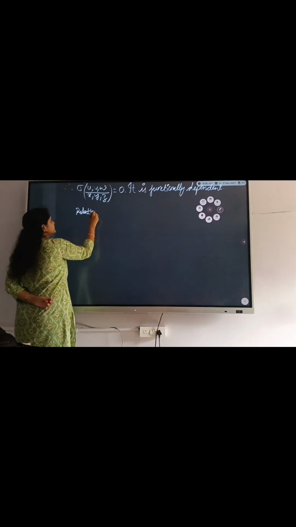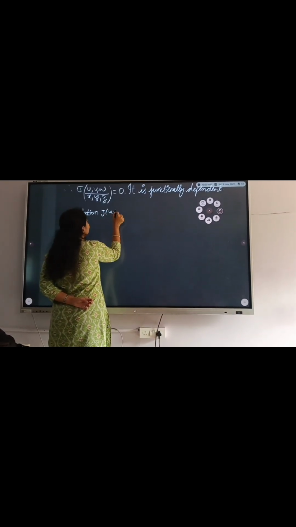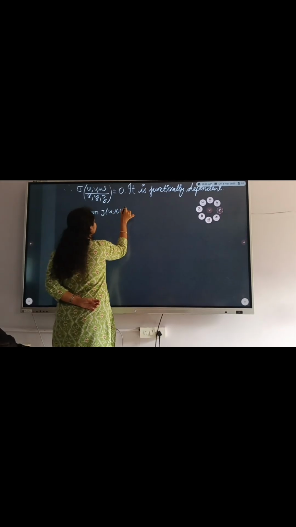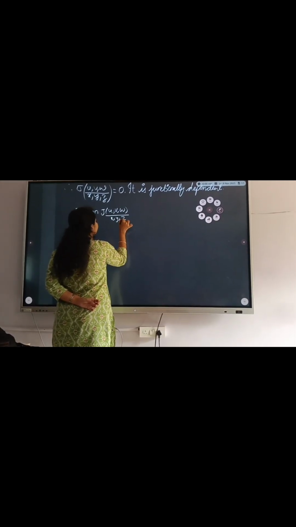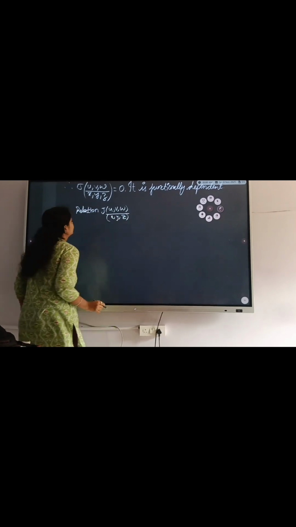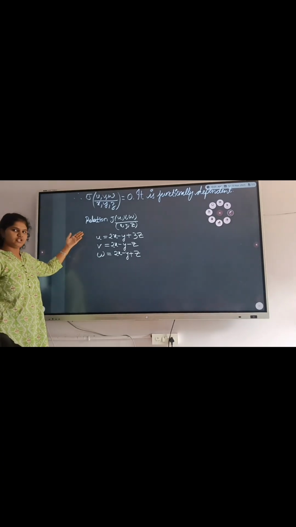Now I am finding the relationship between u, v, w. For this we have to take the given equations from the question.